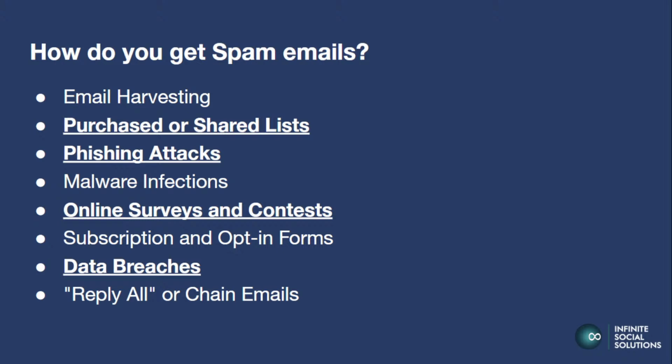Another way you get spam emails is malware infections, right? Just like in the example I gave earlier about my old job, malware can infect the computer, and that malware can be an email harvester, right? A common one is malware that specifically looks for Outlook accounts and things like that.